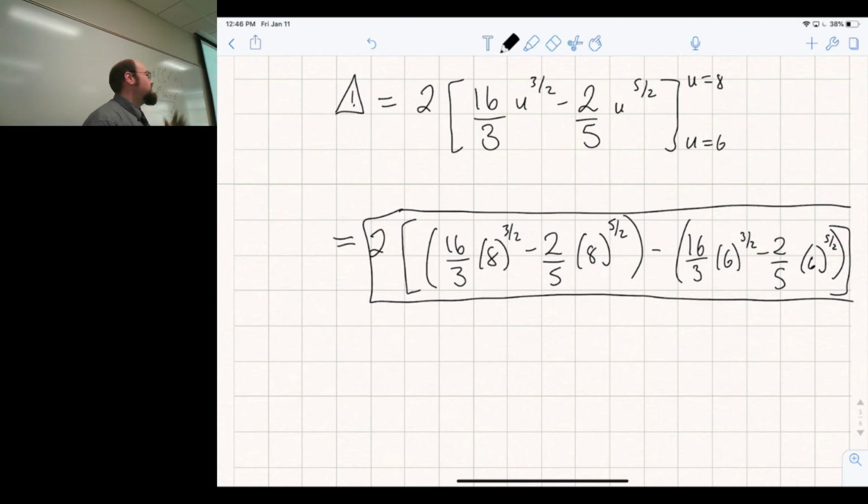Like that, because that's not simplifying nicely. And just to check, I plugged it in. That's about 10.3216.